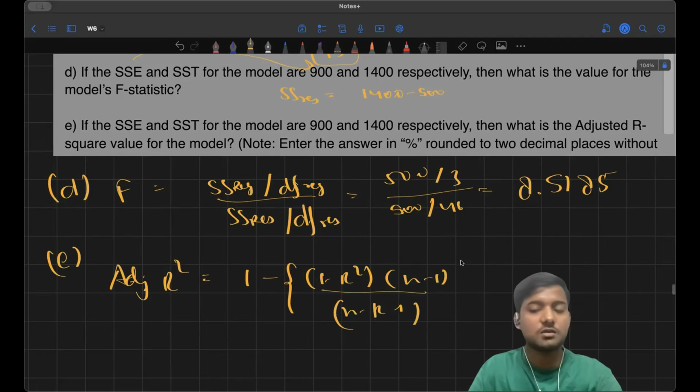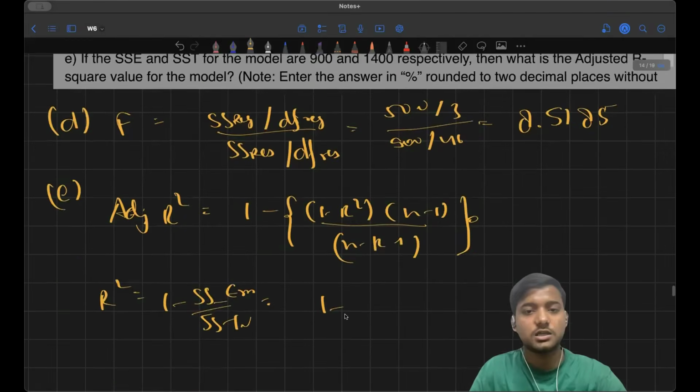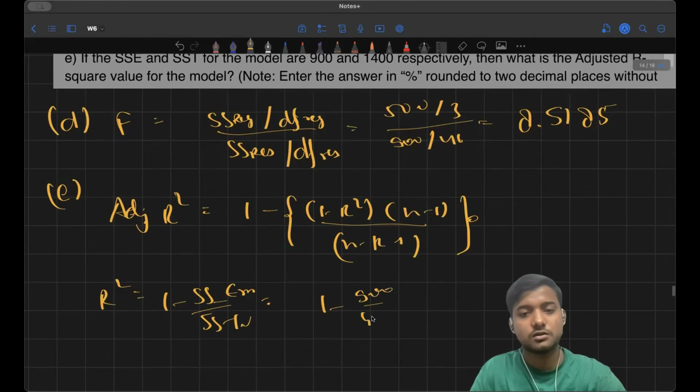Always remember k will come in the bottom. So this is what we have, and I need R square. How do I get R square? So R square is 1 minus SS error, or you can say residual, so sum square error divided by sum square total. So this becomes 1 minus, I have 900 here, by 1400.